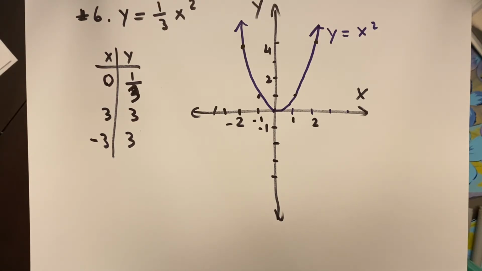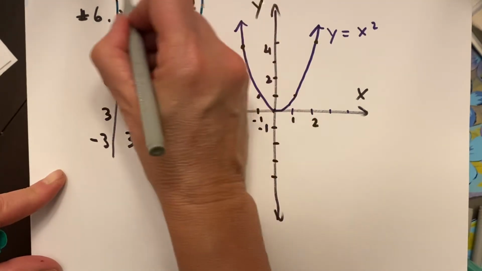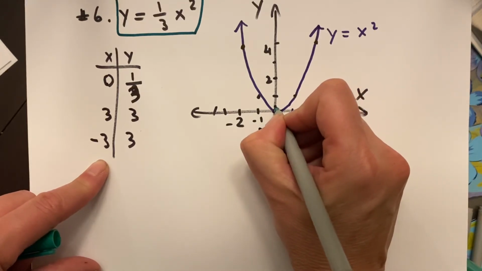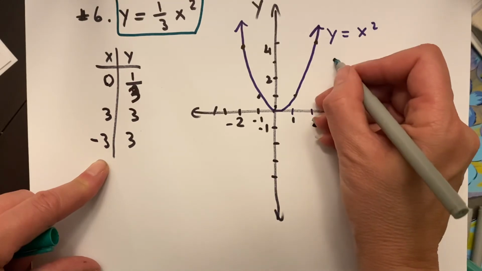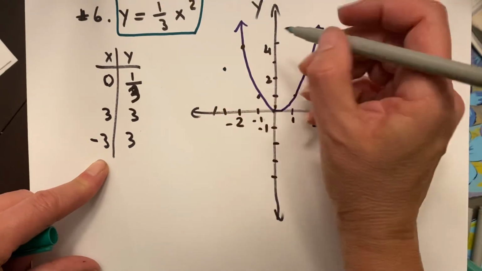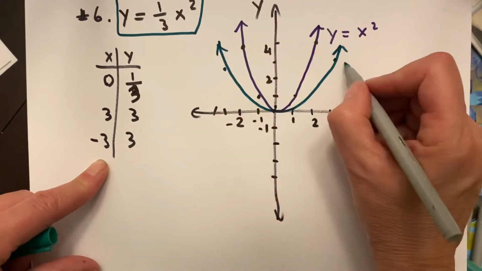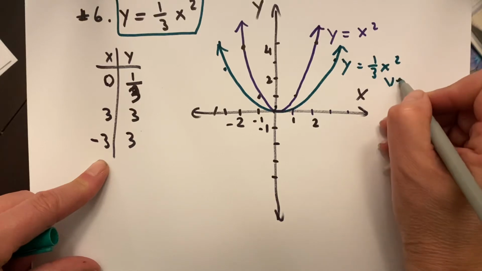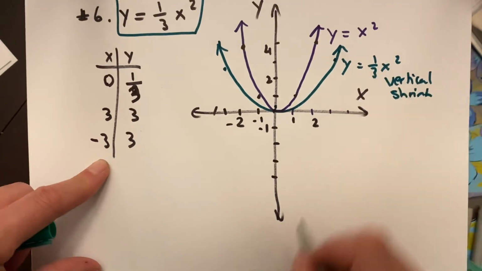This other function that I've drawn over here is going to be 0, 1/3, and then 3, 3. And you can see that y equals 1/3 x squared is a vertical shrink compared to the parent function.